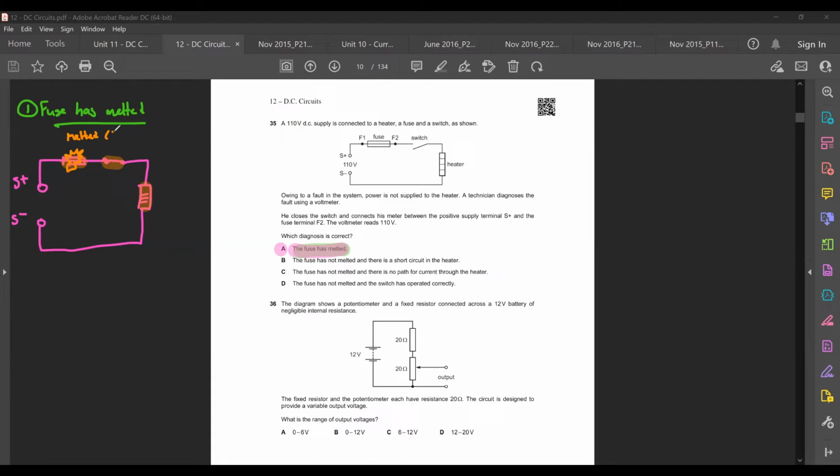This one means you have a broken connection. Okay, broken connection, current no longer can flow through. The fuse has melted, current can no longer flow through. There's actually no current in the system, because you cannot form a closed circuit here.